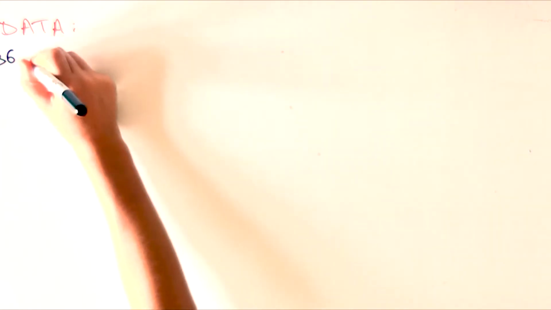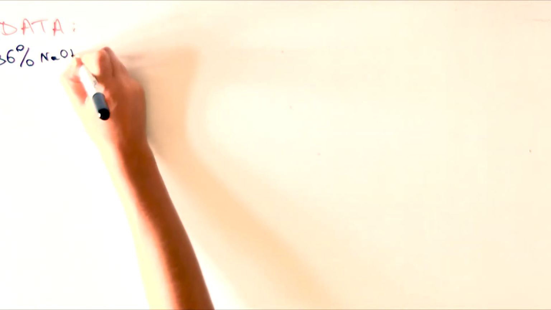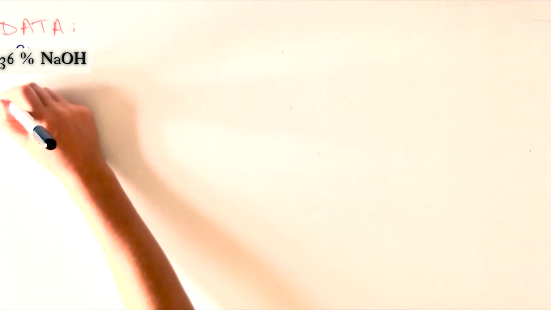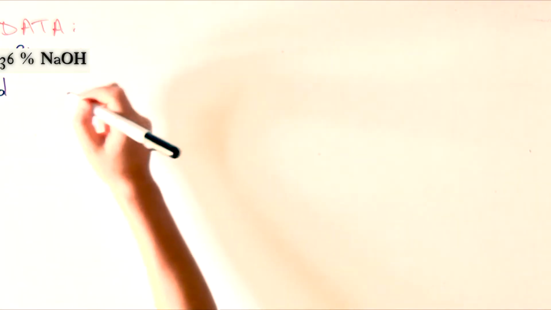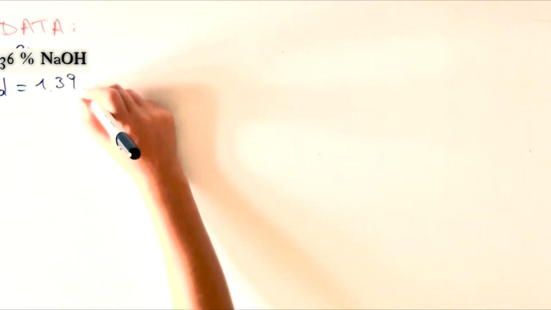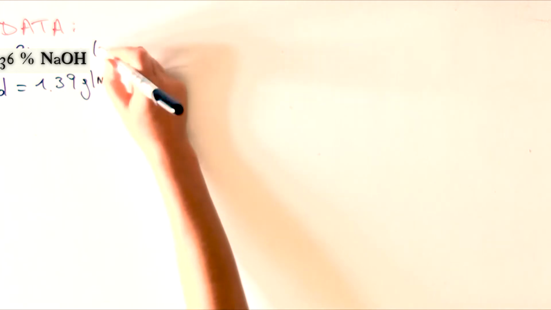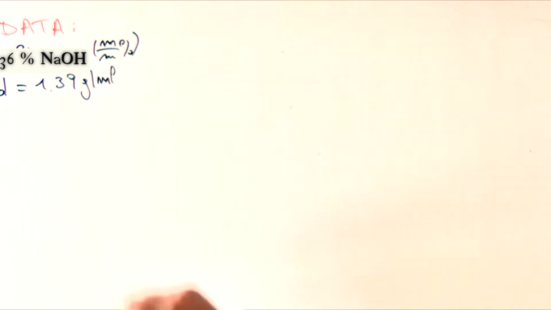Okay, so we have a solution which is 36 mass percent of NaOH. The density of this solution is 1.39 gram over milliliter. This is mass over mass percent.